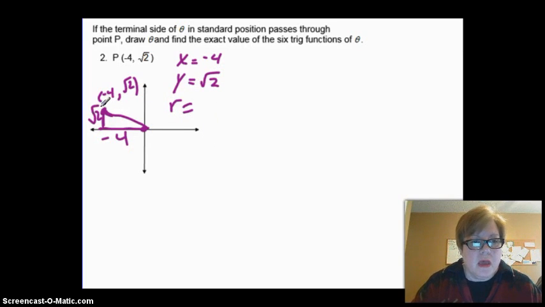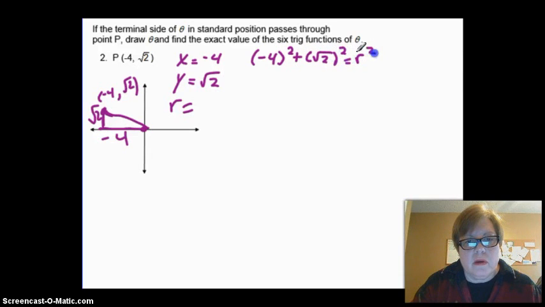So same idea. The sum of the square of the legs is equal to the square of the hypotenuse. So we'll have -4 squared plus square root of 2 squared equals r squared. -4 squared is 16. Square root of 2 squared is 2.